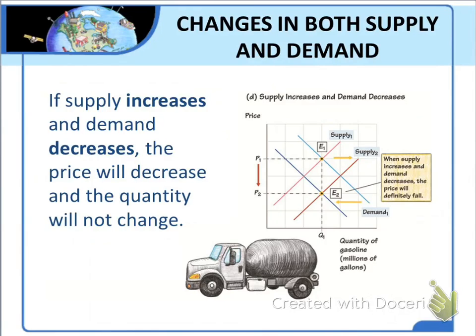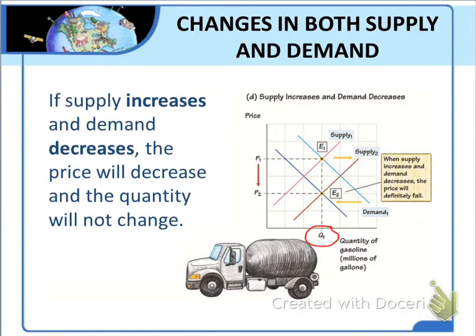Now, let's look at this example here. This illustrates these particular changes. In this situation, the price will definitely fall because each of the shifts by itself contributes to a drop in price. So the two shifts combined are guaranteed to bring the price down. The way this graph has been drawn, the equilibrium quantity remains at Q1.